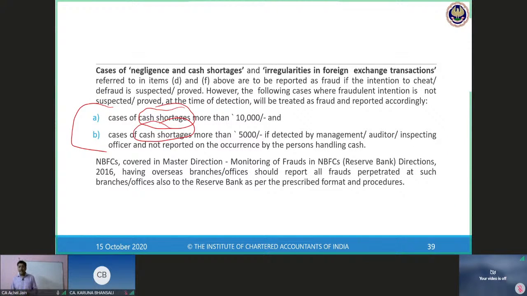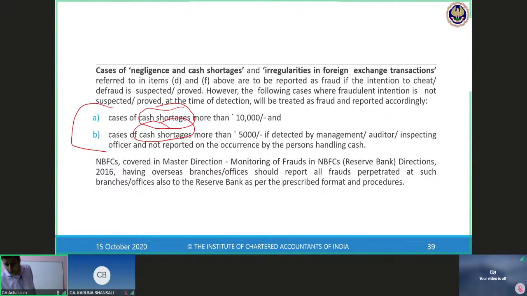So we also have certain directions. Directions are, you can say, some sort of regulations, which is about monitoring of frauds in respect of NBFCs. Those have been called as master direction, monitoring of frauds in NBFCs, directions. So NBFCs which are covered under these directions, having overseas branches, overseas offices, should report all frauds perpetrated at such branch or office to the Reserve Bank as per the prescribed format.